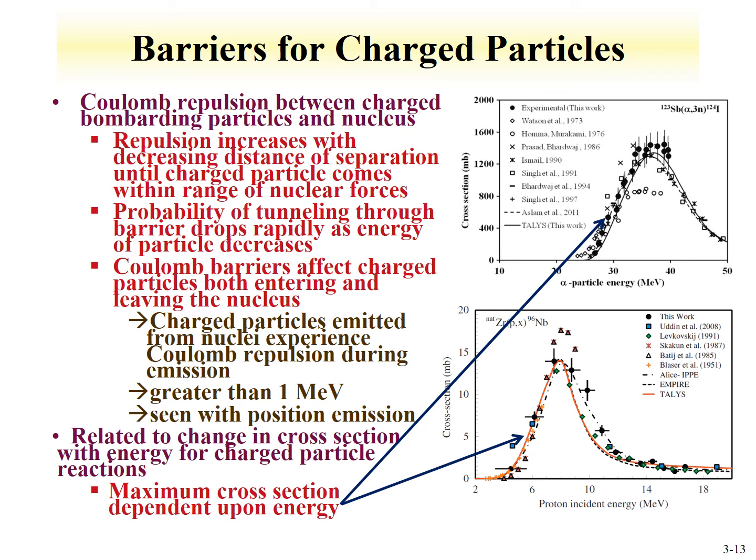So in the case of this reaction here, the antimony with an alpha particle, 3N out, and the iodine-124, an energy of around 35 MeV is a maximum, whereas for this reaction where we have a proton on natural zirconium making niobium-96, the maximum energy at the highest cross-section, which is only around, let's say, between 15 and 20 millibarns, is at 8 MeV.